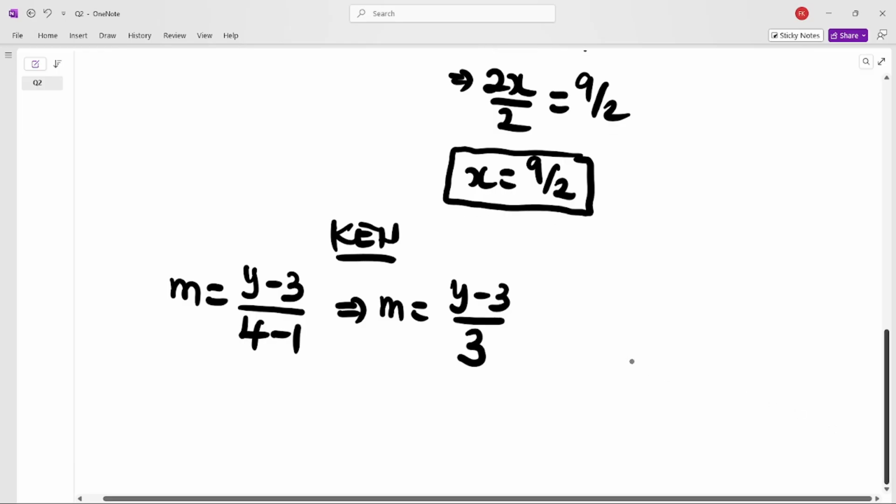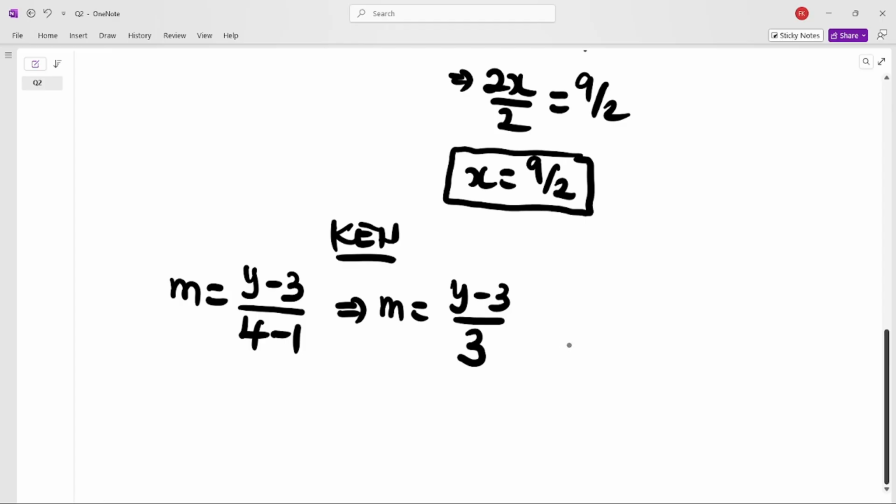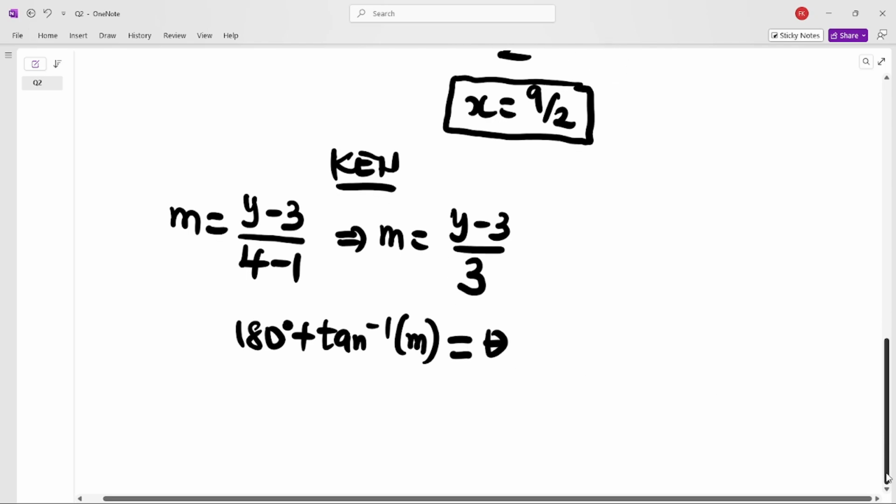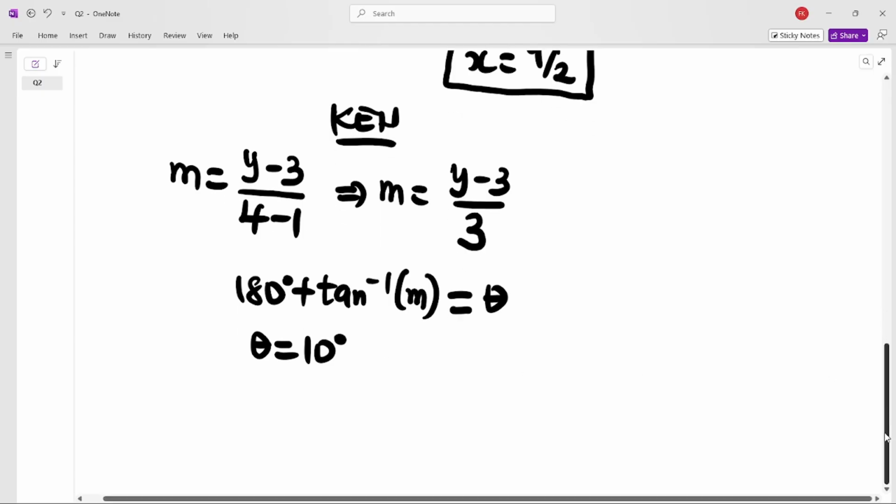So now we take the formula 180 plus tan inverse of m is equal to theta. So theta is 10. So our gradient is y minus 3 over 3.